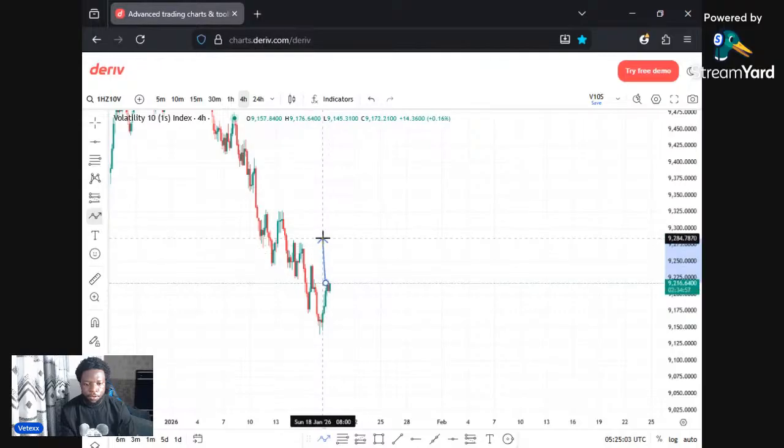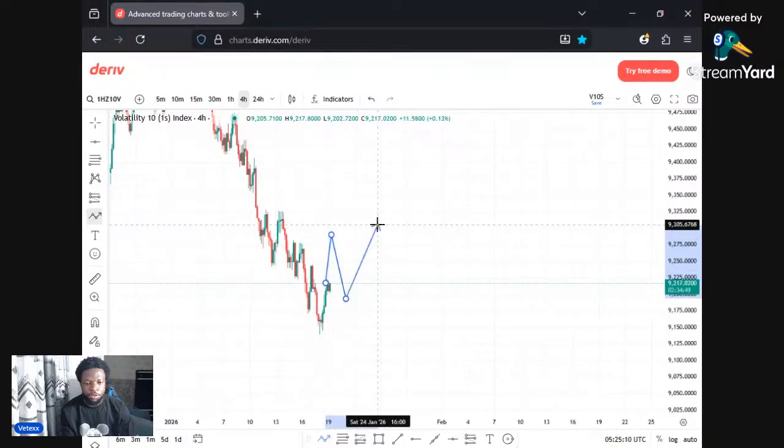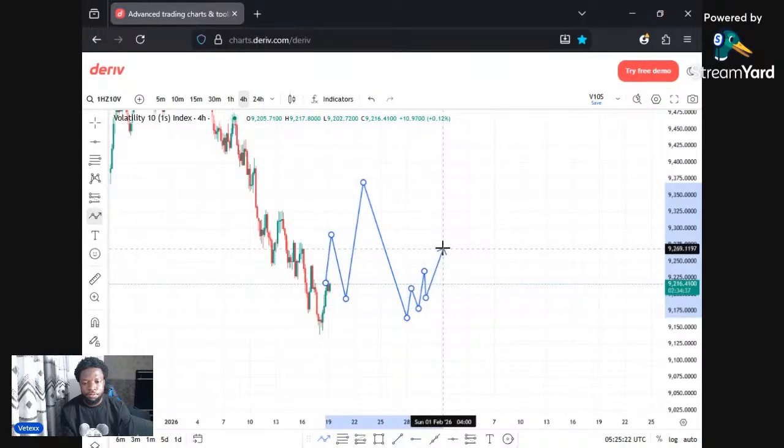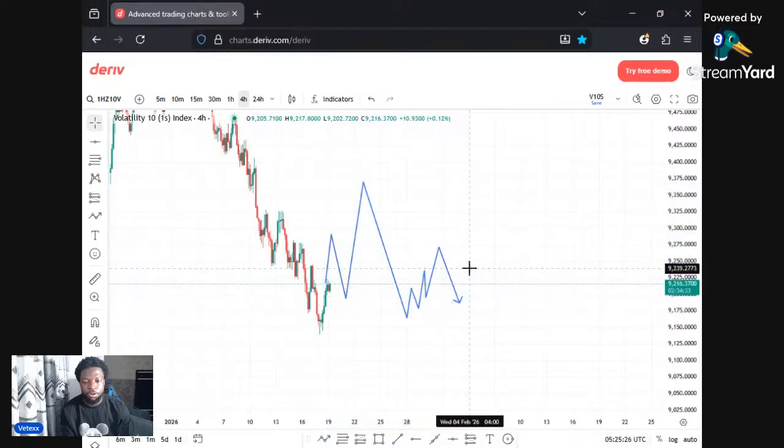We're anticipating price to break this high here, give us a 50% retracement, break the second one to give us our first break of structure, and then we anticipate price to come into this zone, then start giving us our continuation on the 15 minutes time frame so that we'll be able to take more continuation.